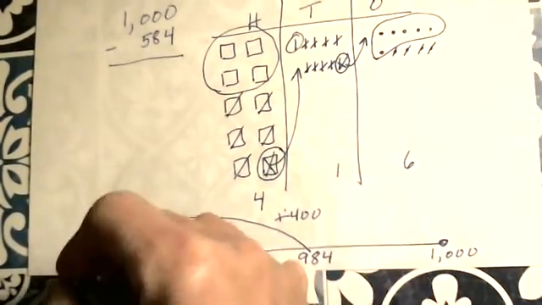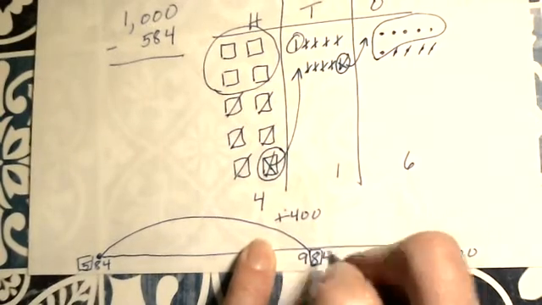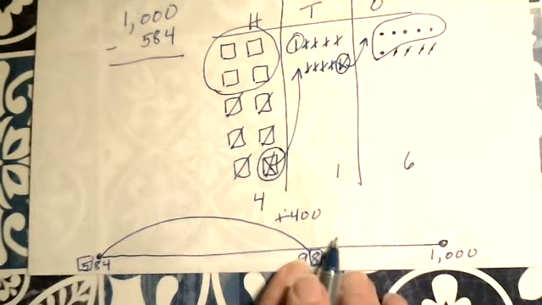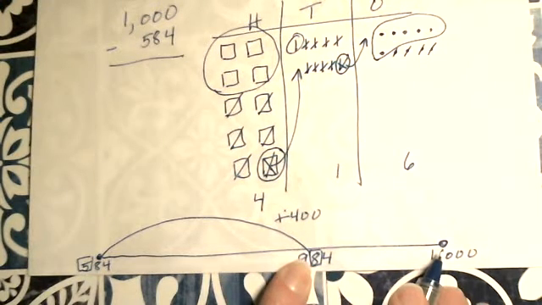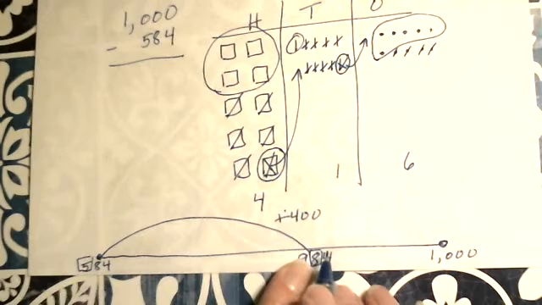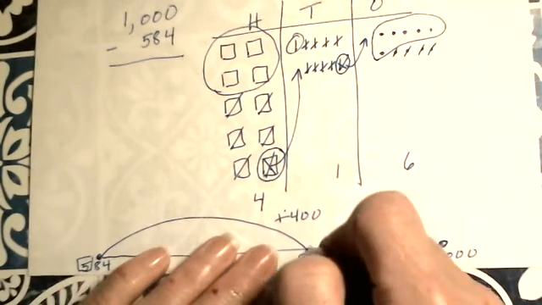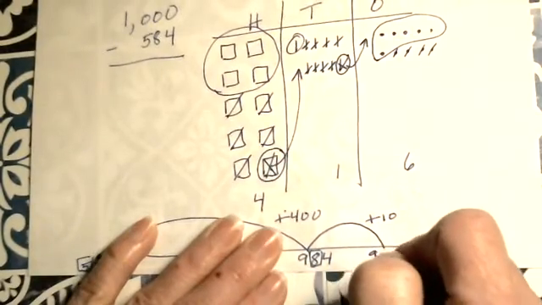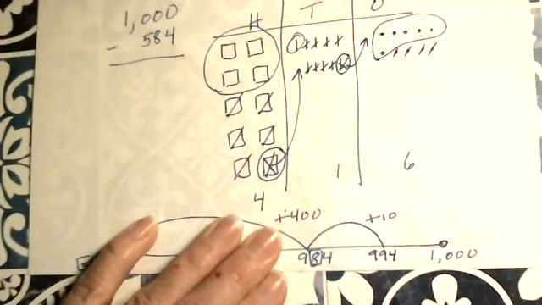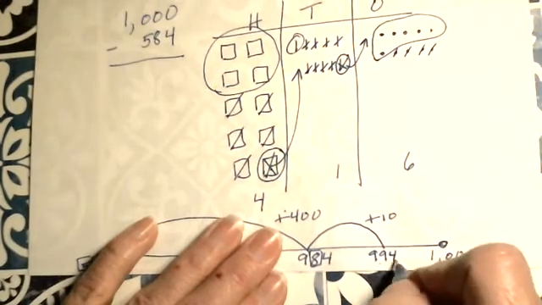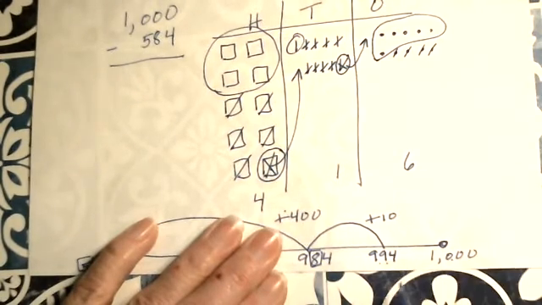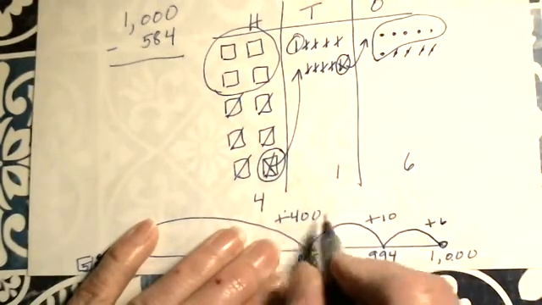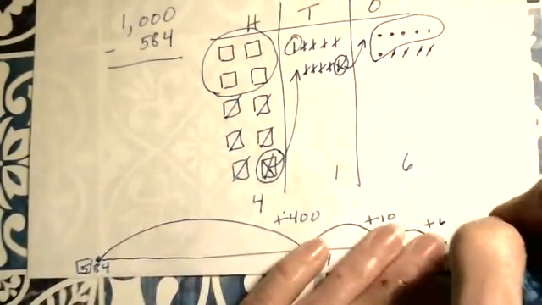Okay, so now I've done as many hundreds as I can, so I look at the tens. How many tens can I add to 8 to get me as close to 1,000 without going over? Well, 2 tens, 20 would be too much, so I'm just going to add 10, which gives me 994. Then I say 994 plus what is 1,000? Plus 6, 416.